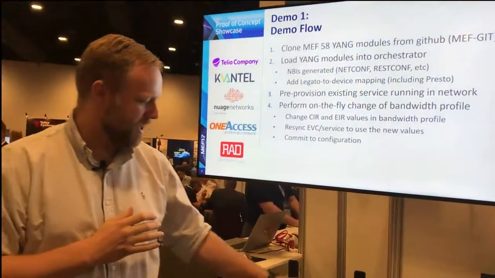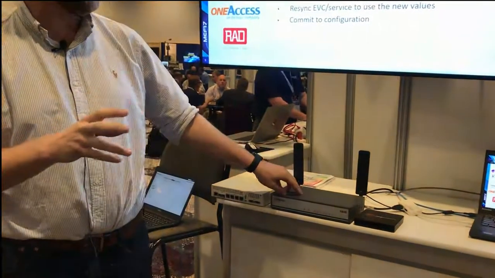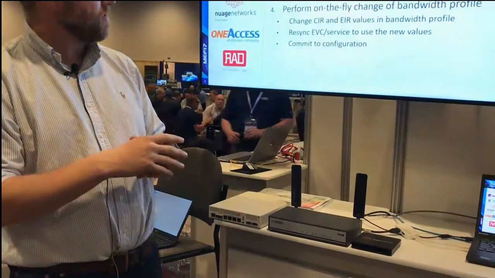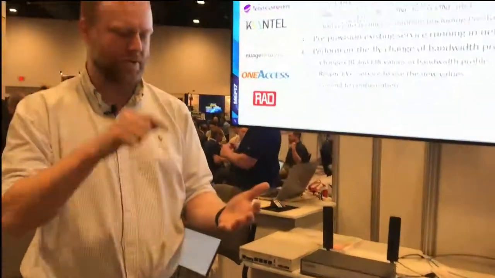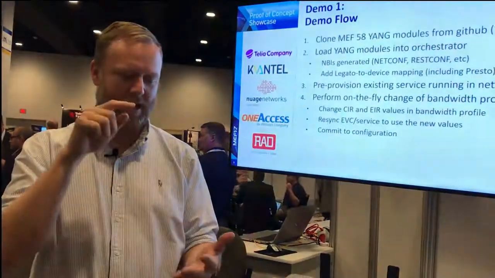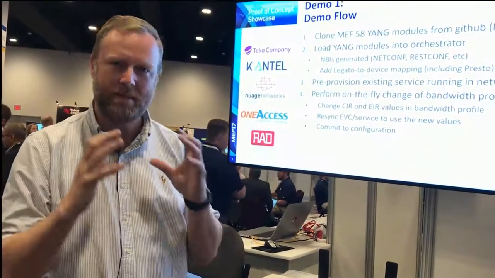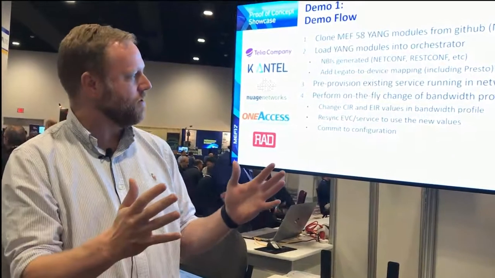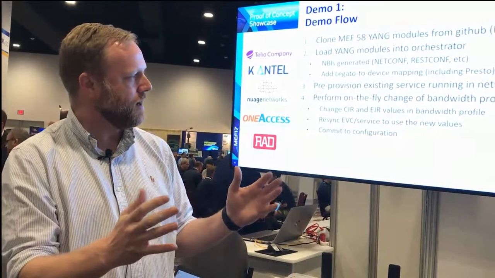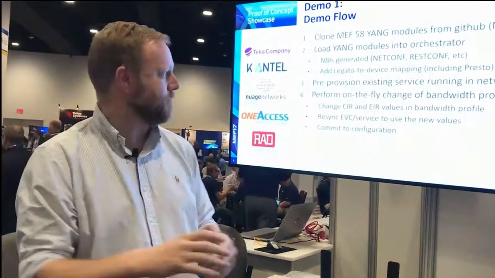Without having seen one of these boxes before, the OneAccess box, we were able, inside of 2 weeks, to write the decomposition logic to create that UNI, create the bandwidth profile, tie it together in an EVC, and also update the bandwidth profile on the fly. So this is the proof point that we can compress the time it takes from a blank slate into full Legato, the features, and also actually supporting a vendor that we hadn't seen before.